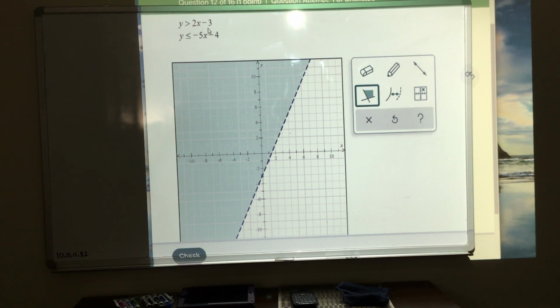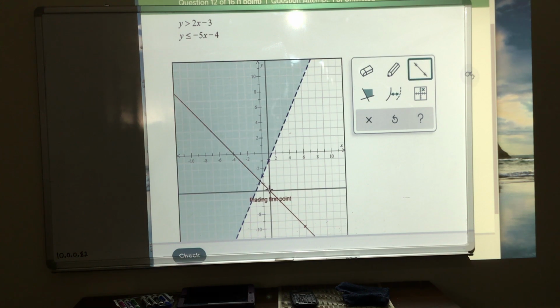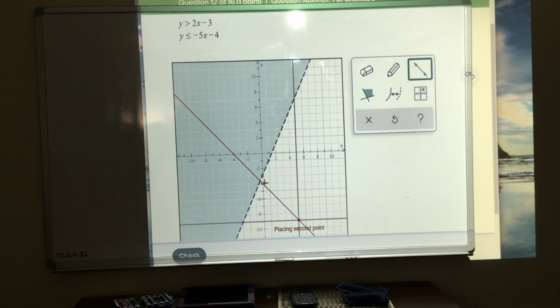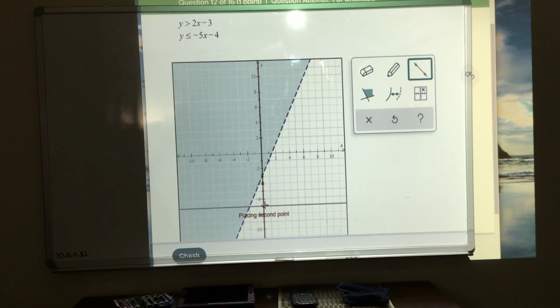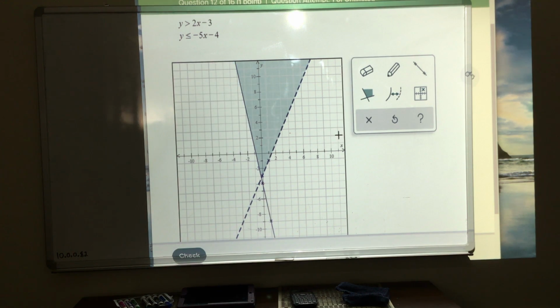Now I'm going to graph the other one. Beginning at negative 4, down 5 over 1. Okay, and which side of that? Oh, first of all, it does say equal, so it gets to stay solid.